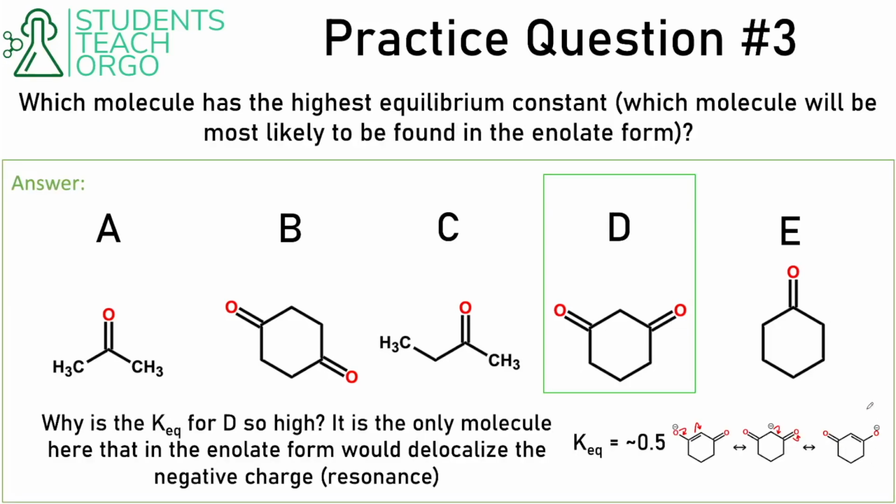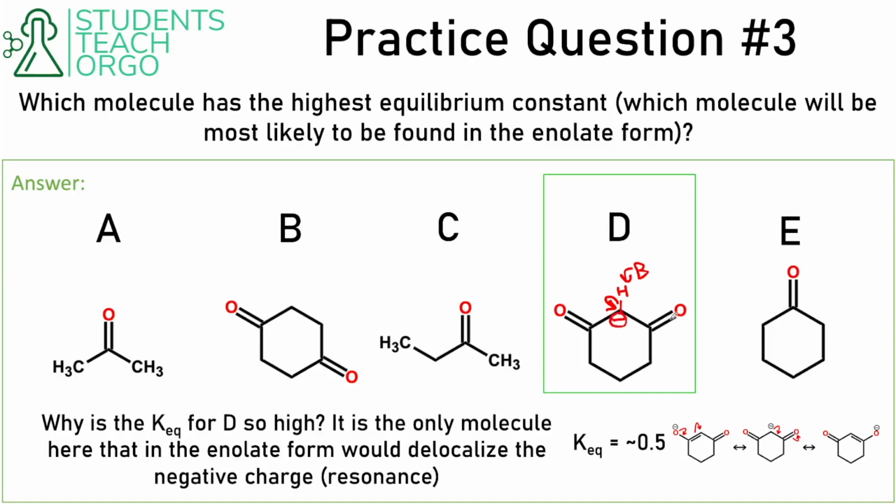The answer would be D, and the explanation would be that this is the only molecule where the negative charge made from creating an enolate would be able to resonate more than just between the carbon and the oxygen. So you can imagine that there's a hydrogen right here, and if we had some sort of base take that hydrogen, that would leave a negative charge on that carbon.